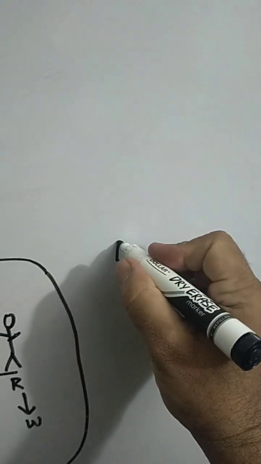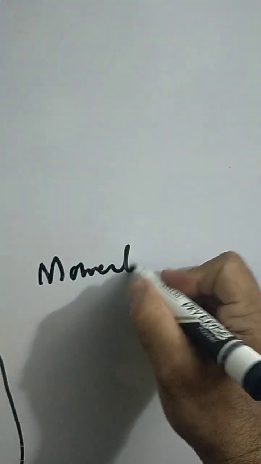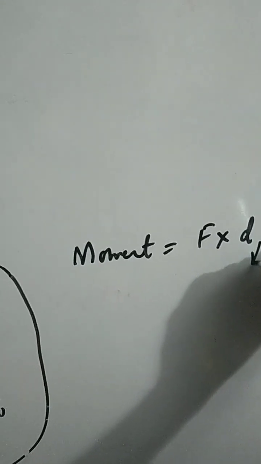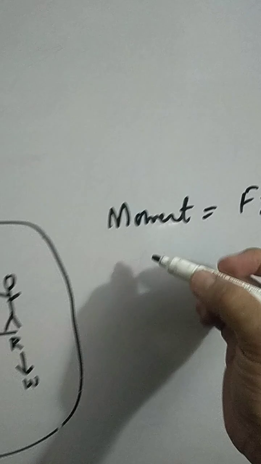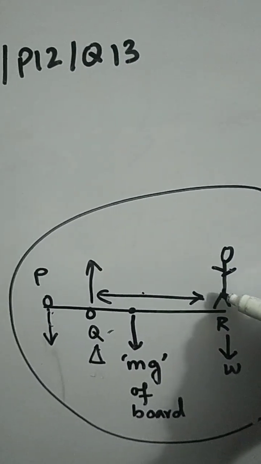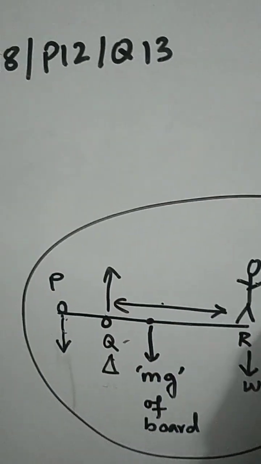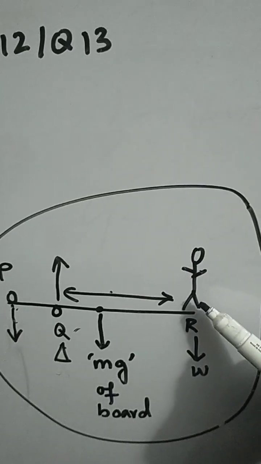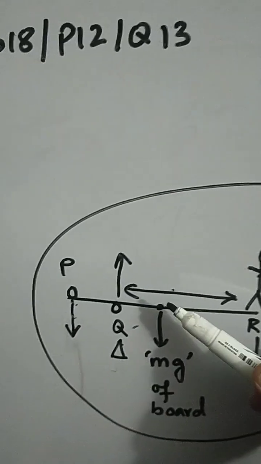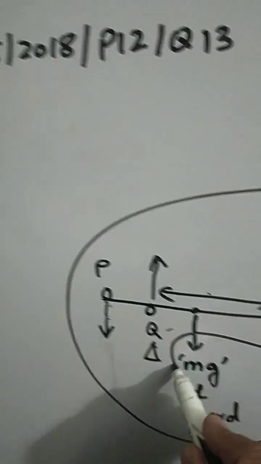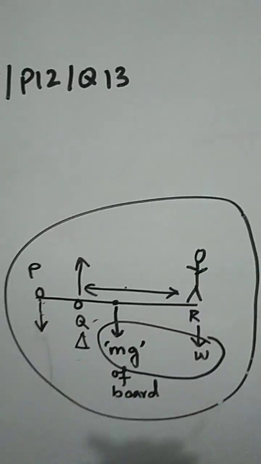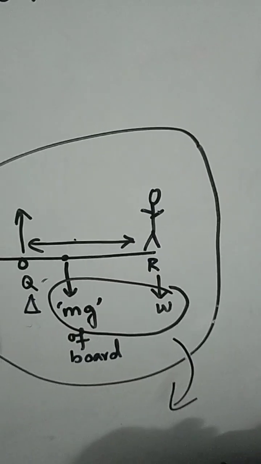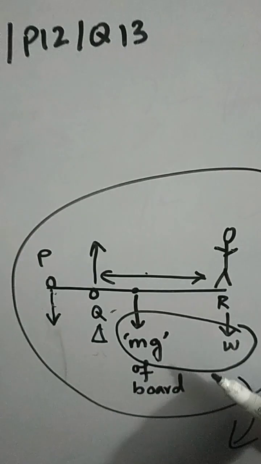Now moment is actually the product of force and the distance. So if distance decreases, overall this product will decrease, right? So it means if R is going towards Q, while the board's weight already has a constant contribution of moment, this person's weight moment will reduce. So overall the combined contribution of clockwise moment due to the board's weight and the person's weight will start reducing.